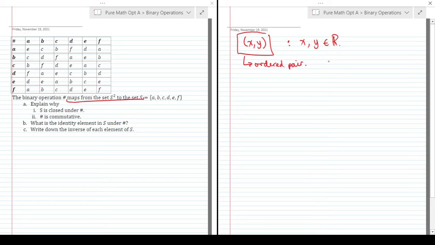So X and Y individually belong to the set of real numbers, but the ordered pair belongs to the set, and well, I'm just going to come out and say the set it belongs to, and then I'll explain it after. It actually belongs to the set R squared, right?